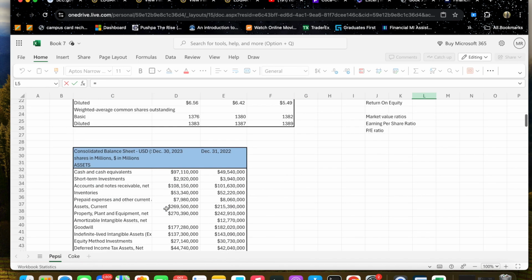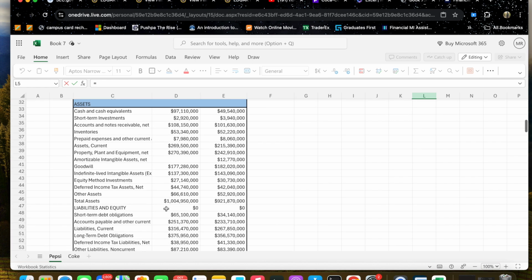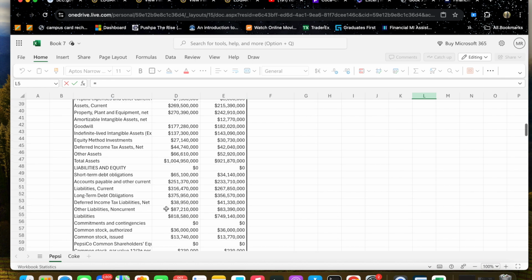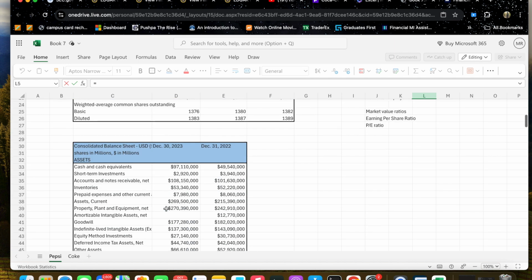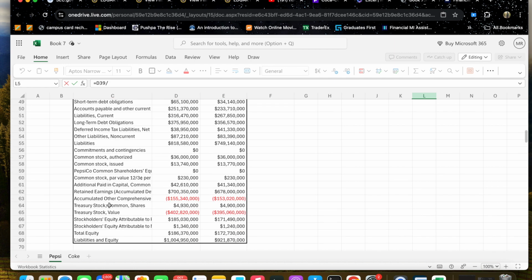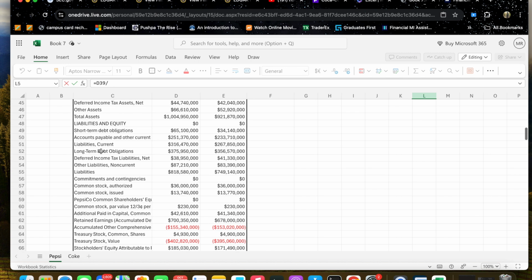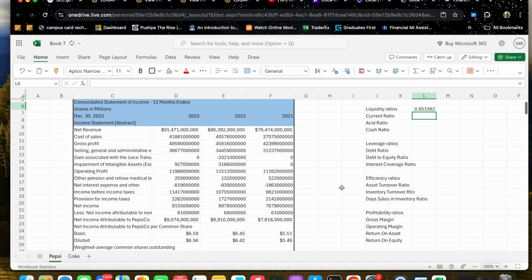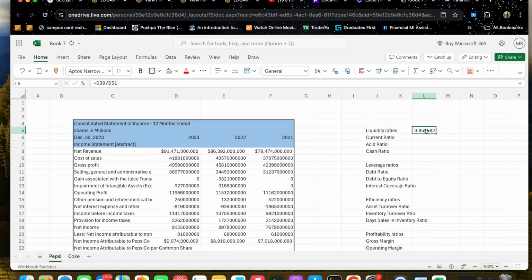First I have to do the liquidity ratios. So what does the liquidity ratio define? Liquidity ratio defines how much liquid cash a company has to pay off its debt. The first part of the liquidity ratio, the current ratio, is simply the current assets divided by the current liabilities.